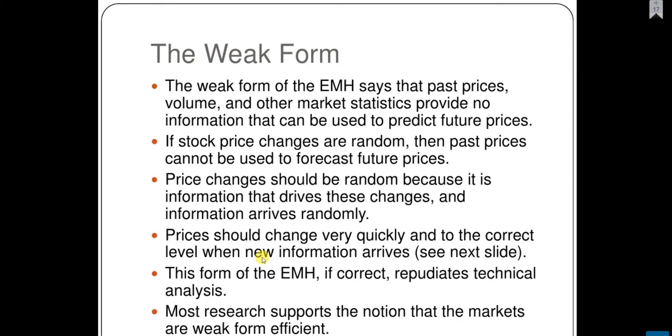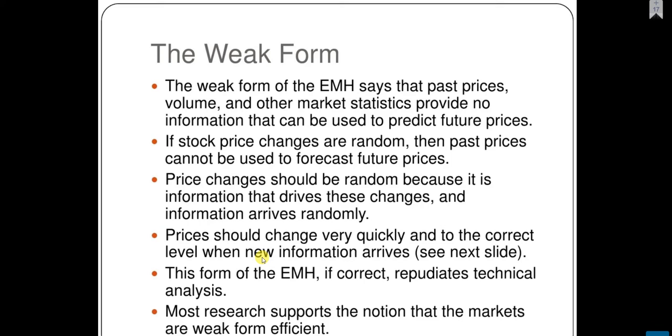This form of efficient market hypothesis, if correct, repudiates technical analysis. Weak form efficiency claims that past price movements, volume and earnings data do not affect a stock price and can't be used to predict its future direction, its future price.